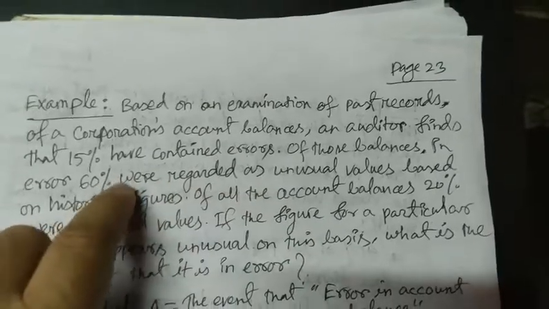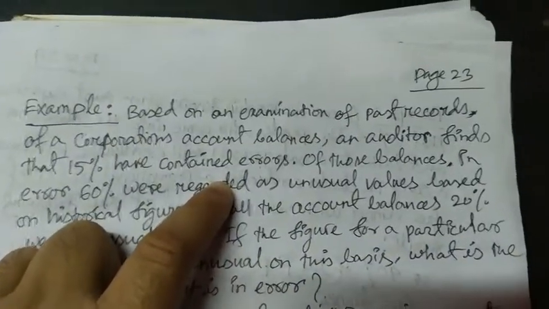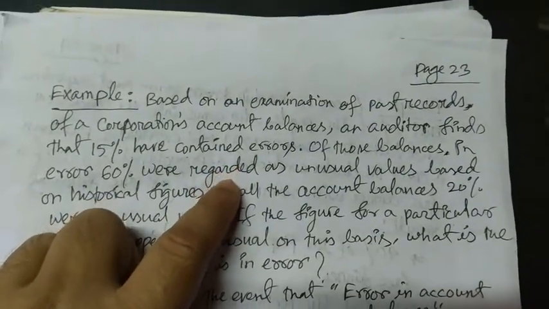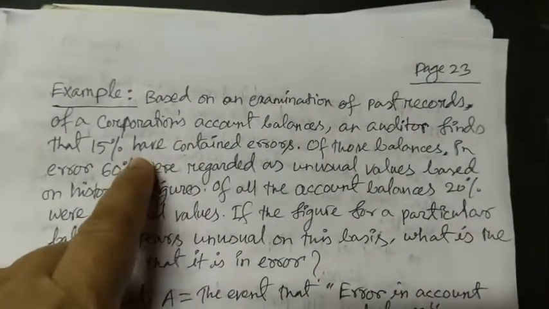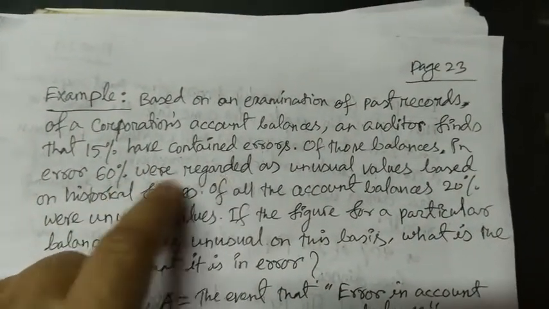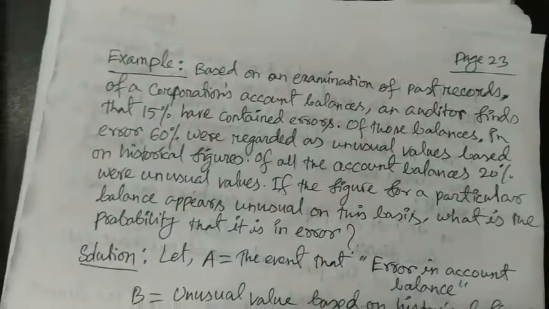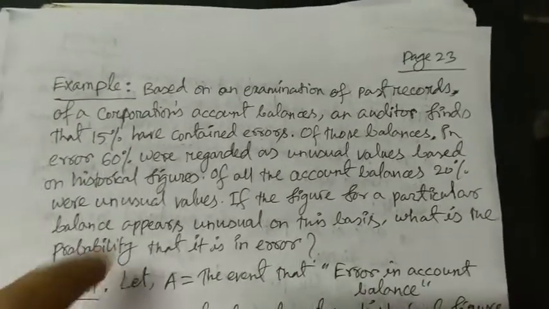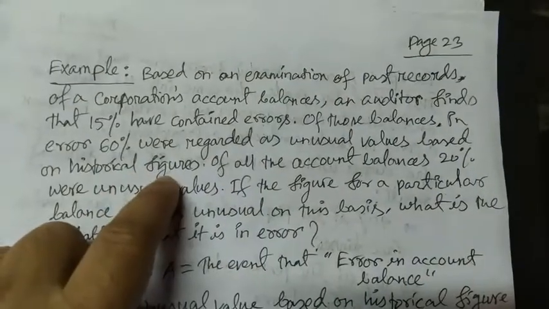That means out of the account balances, 15% were found in errors, and of those accounts, 60% were regarded as unusual values based on historical figures.